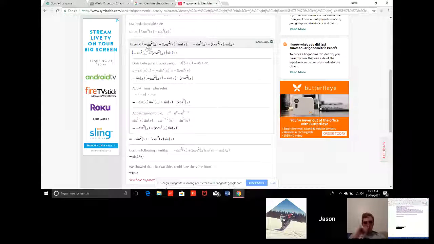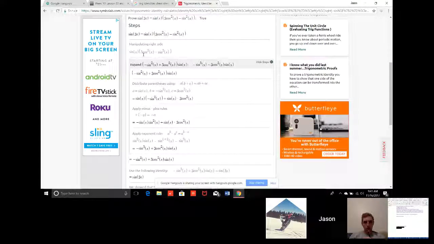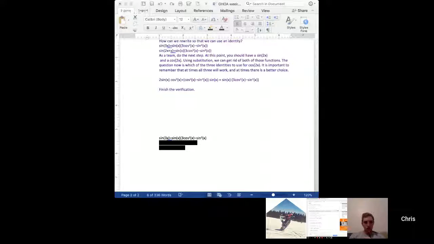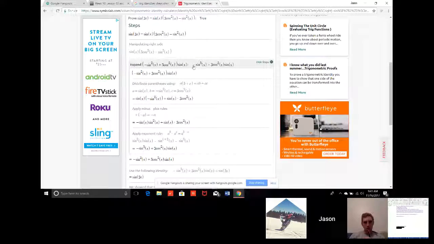So let's see, they expanded the original. Oh, so they just took the negative sign out. They moved this one over here, added that one, and then had sin x, which is what gave them this equation.